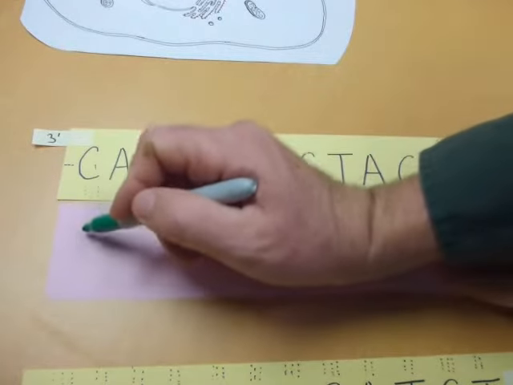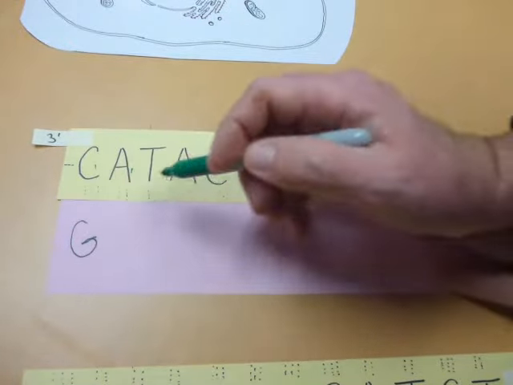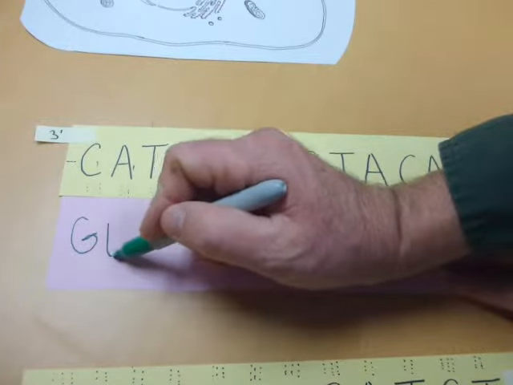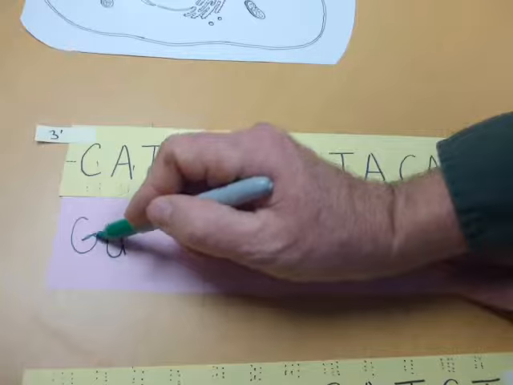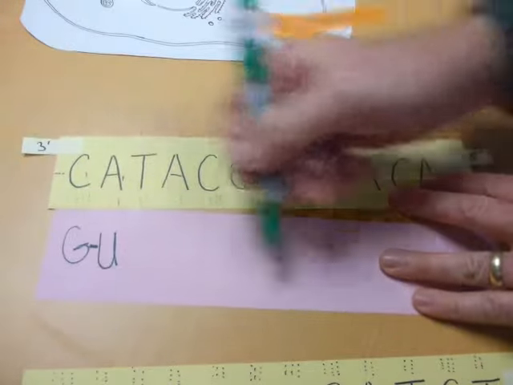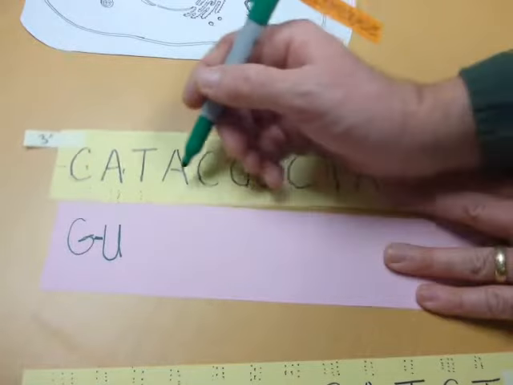So complementary to C is G, and complementary to A is not T this time. Remember, it is U for uracil. The RNA polymerase makes sure that those are covalently bound so that this whole strand sticks together.